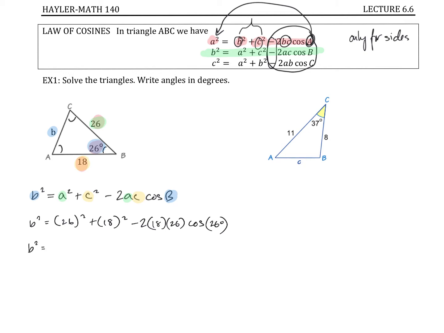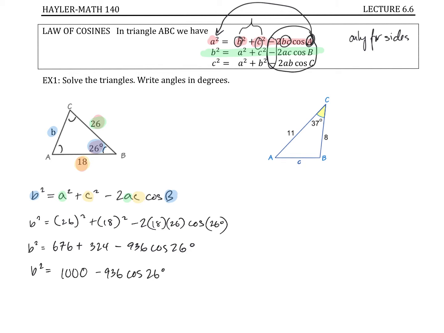B squared is going to equal 676 plus 324 minus 936 cosine of 26 degrees. And then adding those two values up together, we'll get B squared equals 1000 minus 936 cosine of 26 degrees.